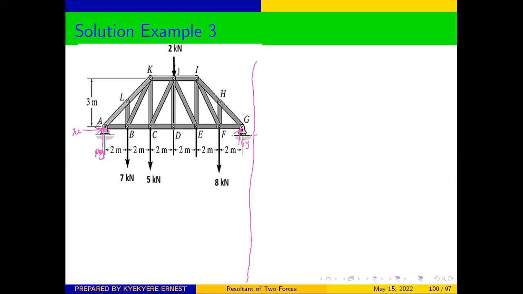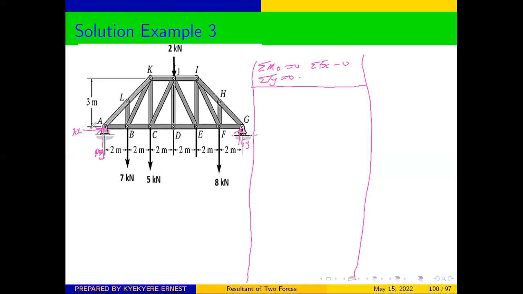The next thing for us to do is to determine the reactions at the supports using our equilibrium equations. The equilibrium equations are sum of moments is equal to 0, sum of forces in the X is equal to 0, and sum of forces in the Y is equal to 0. These are the equations we are going to use to determine the external forces.